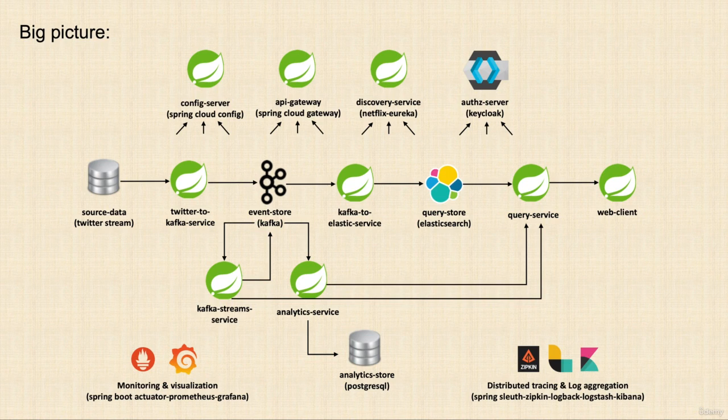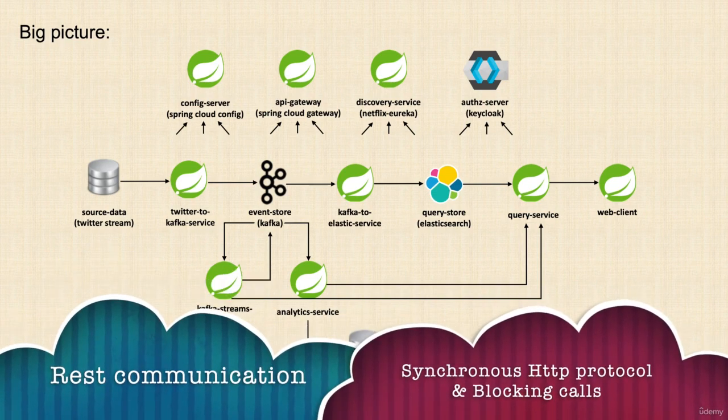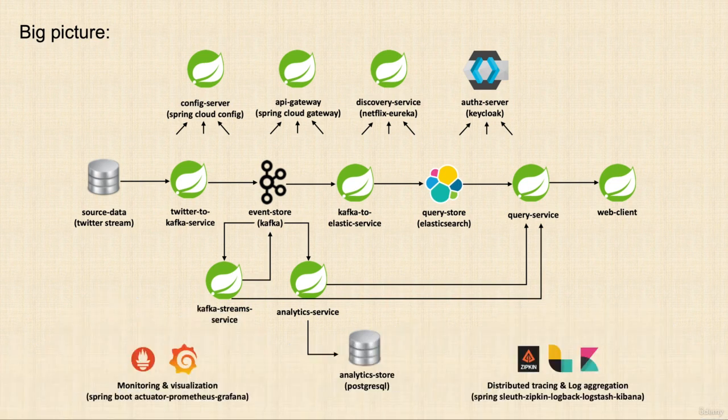Traditionally, to share data, REST calls can be used. You will also see a REST communication example in this course, from the query service to the analytics and Kafka Streams service, as I mentioned. However, a REST call is a synchronous operation because REST uses HTTP to communicate, and HTTP is a synchronous protocol which requires sending a request and waiting for a response immediately, blocking the caller. As you can imagine, with multiple services communicating over the network, this would cause significant problems.